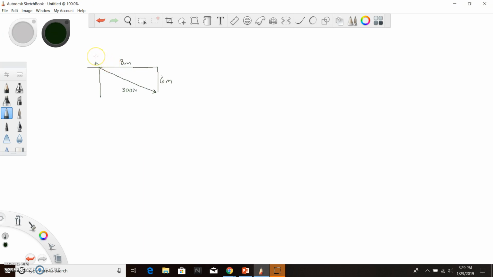Okay, so we already know that if I want to find the x component of F, F sub x, we know it's going to be 300 newtons times the cosine of that angle.